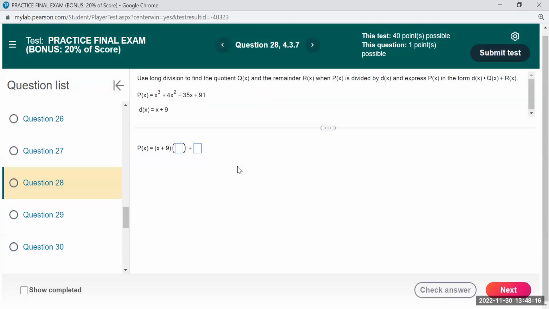Number 28. Use long division to find the quotient and the remainder. All right, so we have the polynomial p of x is x cubed plus 4x squared minus 35x plus 91, and my denominator is x plus 9.